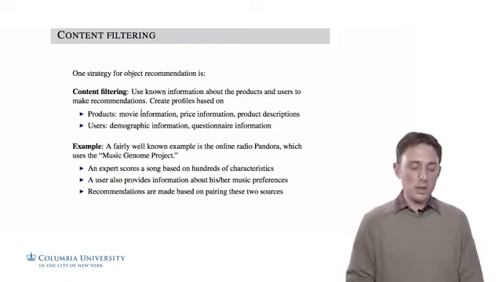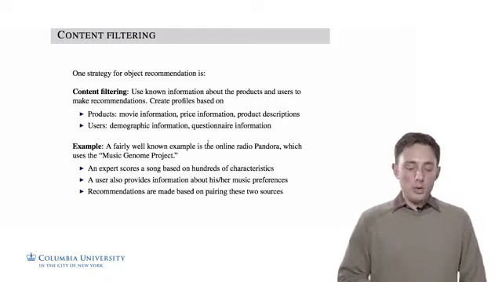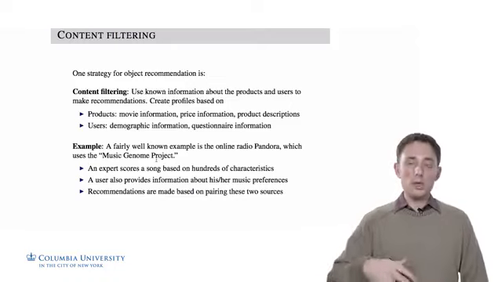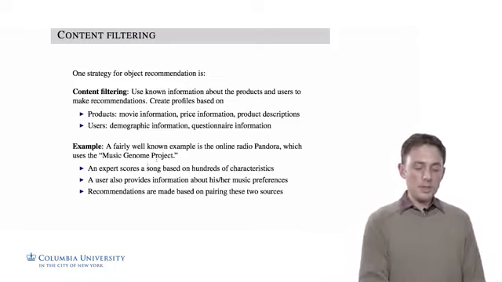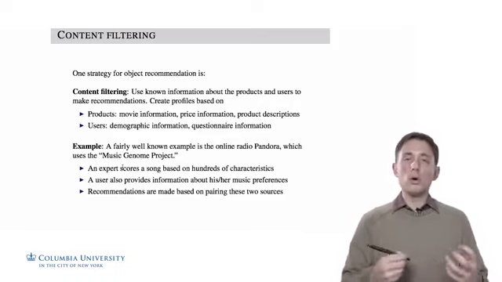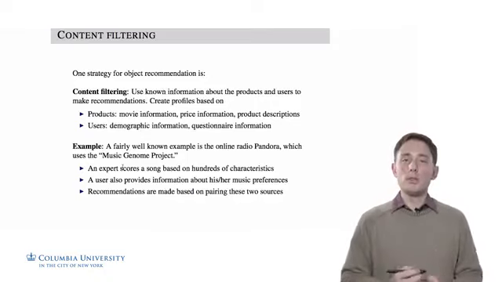So let's look at one example. The online radio Pandora uses something called the Music Genome Project to make recommendations, among other approaches, I'm sure. And so what this approach, which is a content filtering approach, does is allow experts to score each song in the database based on hundreds of characteristics.